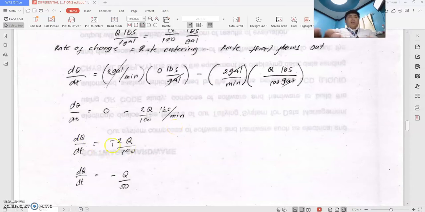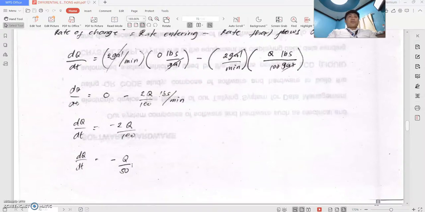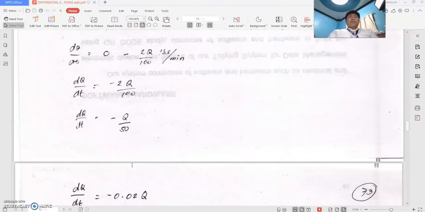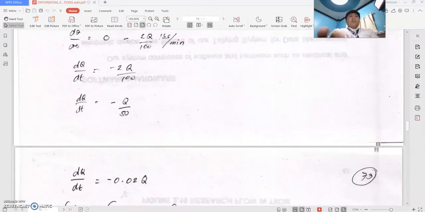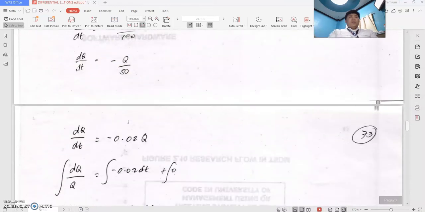Okay? So, from here, what is the method that we will be using from the methods that we discussed in the prelim? So, we will be using the prelim topic. If we transpose this one to the other side, 2 divided by 100, that is 50, so you have negative Q over 50.